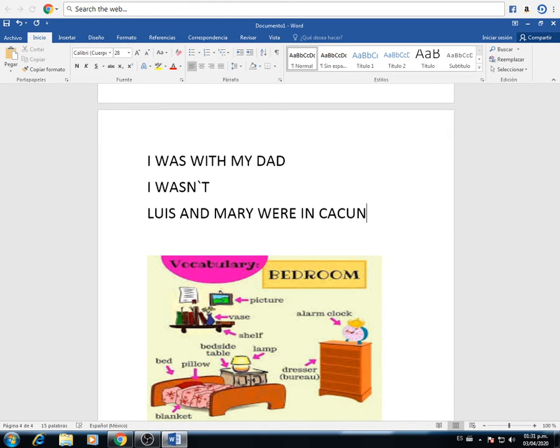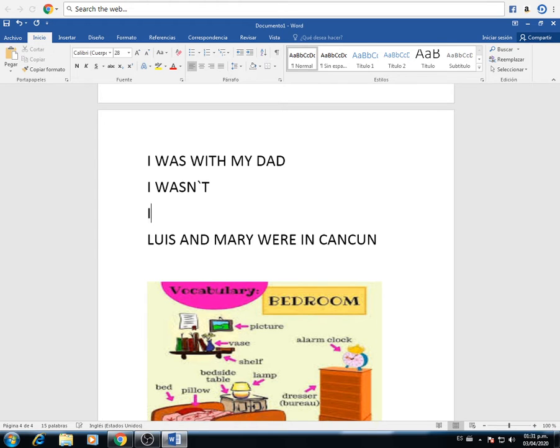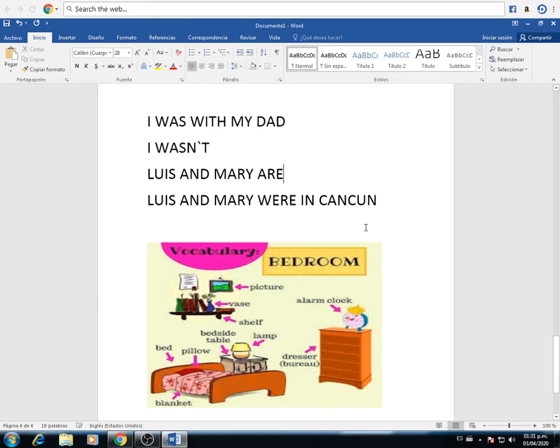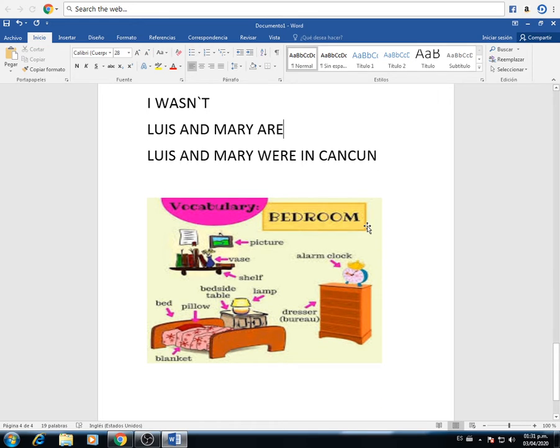It's an example. That is correct, because you put it in past. Imagine that I have this sentence in simple present, Lois and Mary are in Cancun, but you write in past, Lois and Mary were in Cancun.